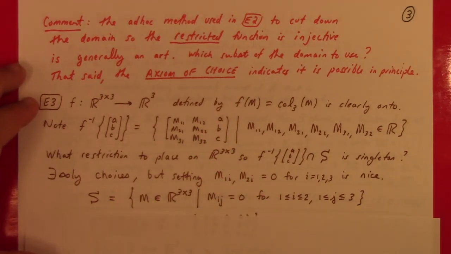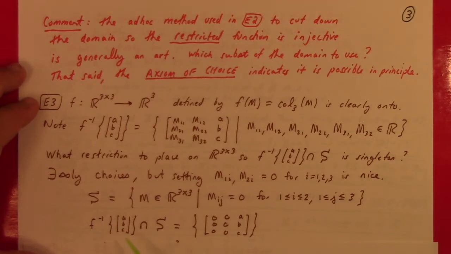Then F inverse of ABC intersect with S is that, a specific single matrix, a singleton. So if I restrict this function to this set S, then we'll have an injection, and hence a bijection. So F restricted to S is a bijection.